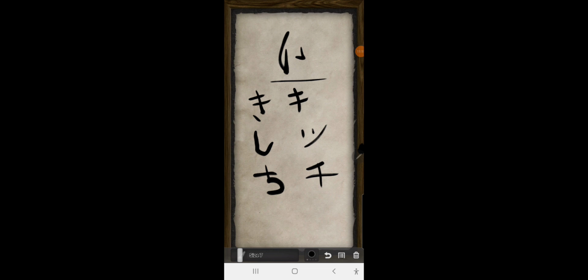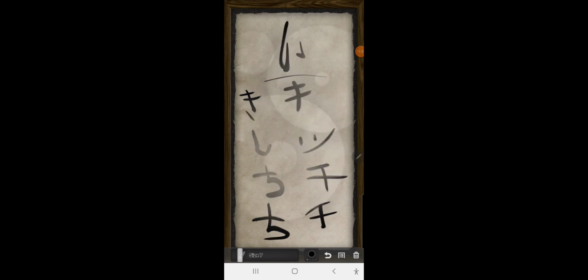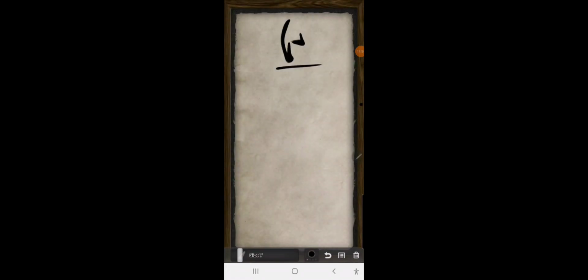No, those were kind of bad. Let me do, and then, and katakana. Next, we learned ni in hiragana, and remember in katakana it's also the number 2 in kanji, which you'll learn here soon.